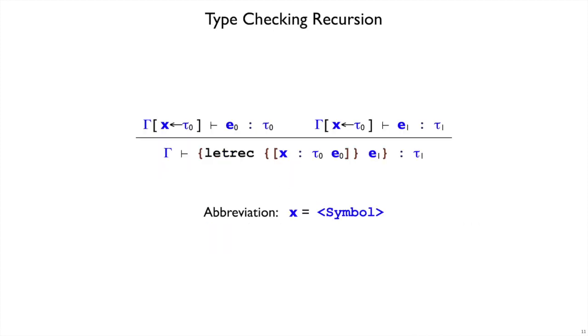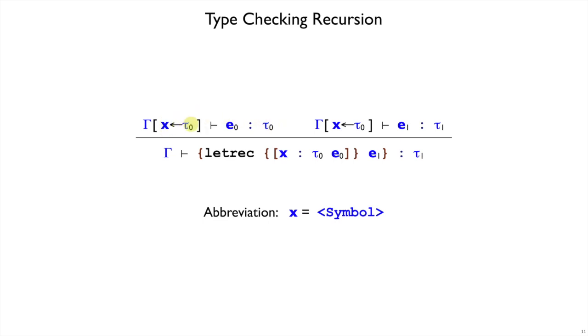And here's the type rule. It looks a lot like a rule we would write for let. It looks similar to the one for lambda. It says that when you have a letrec form of some variable x and you declare it to have type tau0, then that right-hand side needs to have type tau0. So that's what we see here. Make sure that e0 has type tau0, but in an environment where you're allowed to refer back to x.